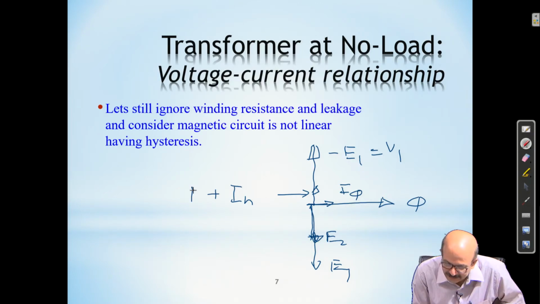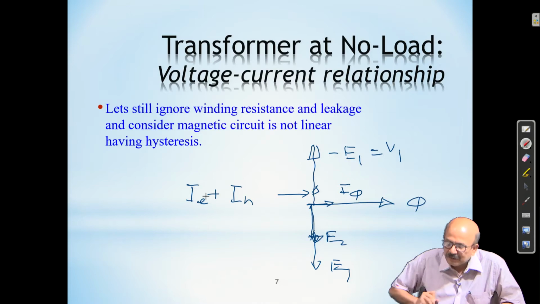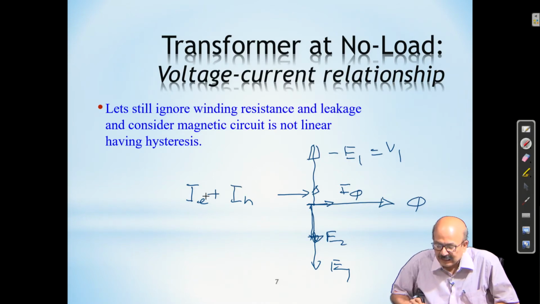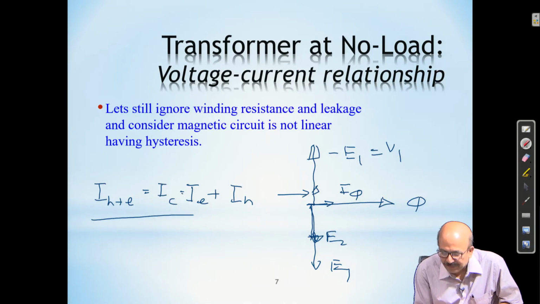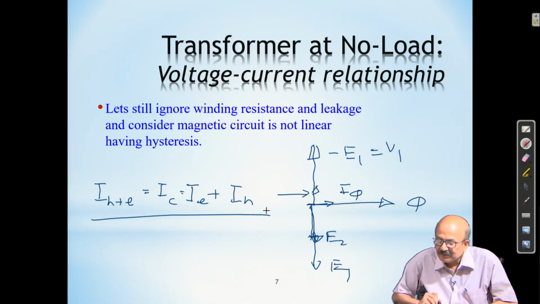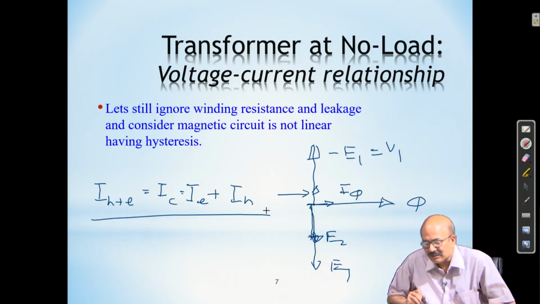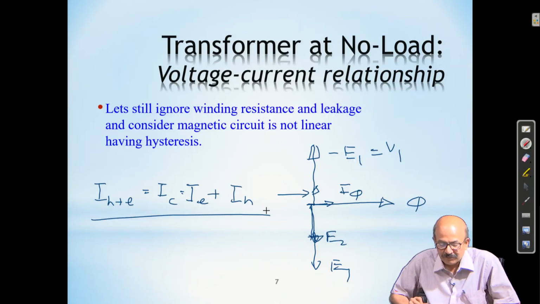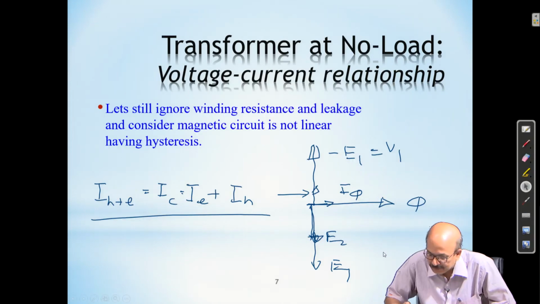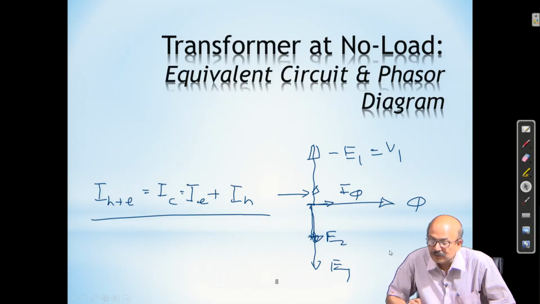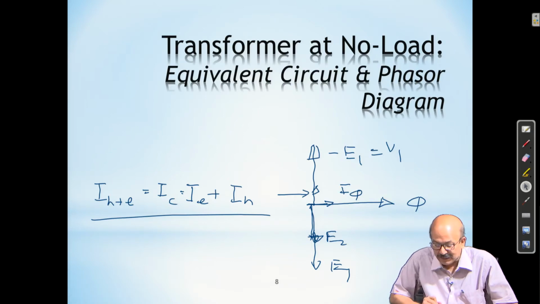So, you can clearly see that this can be your eddy loss component IE, and sometimes we say this is IH plus E, hysteresis and eddy current component, and sometimes this is just a core loss component IC. They are all the same, and they are actually in that direction.